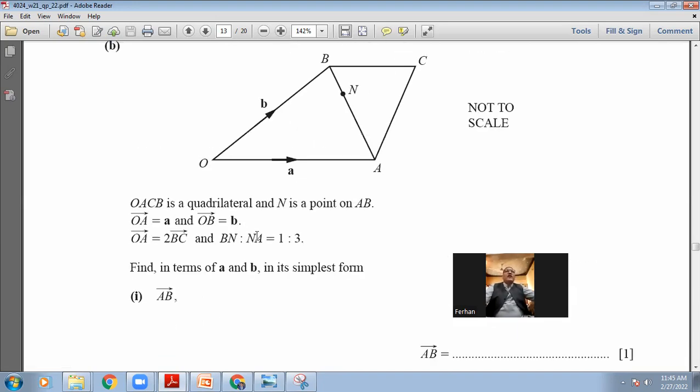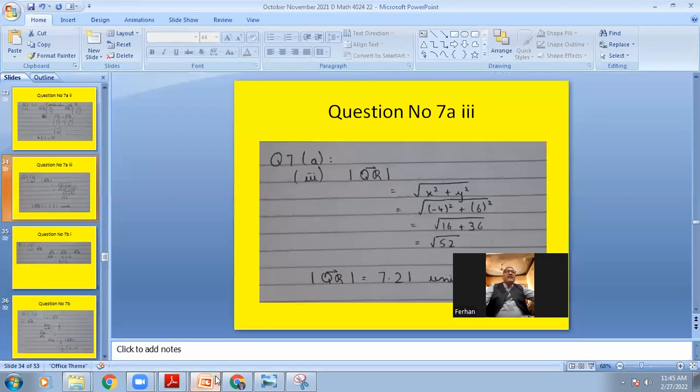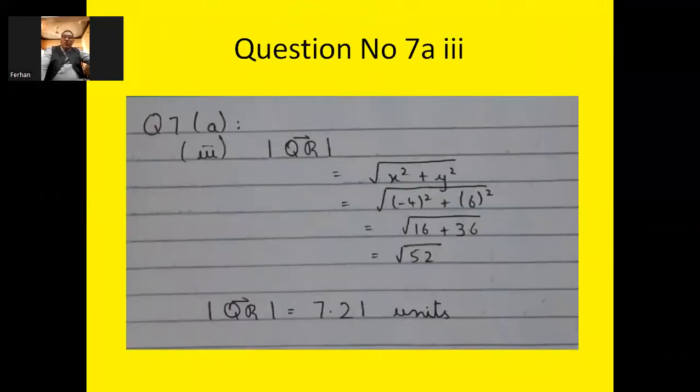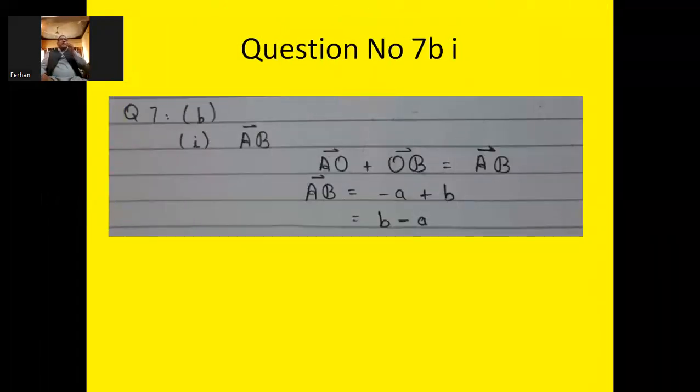So AO will be minus a and OB will be positive b. So AB equals AO plus OB, which is minus a plus b. So it means b minus a.